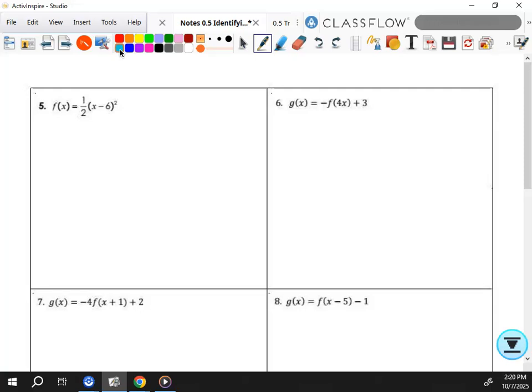So on 5, we're going to box this. Yes? It's not 1.5, it's just 1/2. Okay, good. So that means that is a what? Vertical dilation. Good, because it's being multiplied by 1/2, because y does not lie, because he's a nice guy.